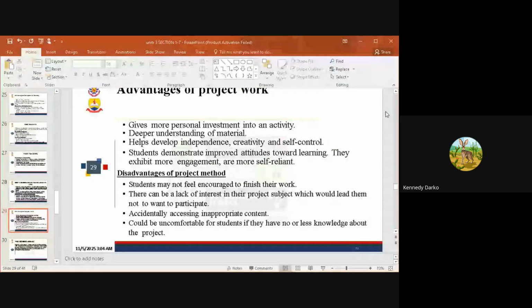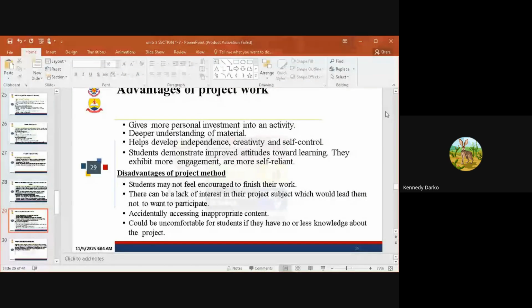Advantages of project-based learning: gives more personal investment into an activity, deeper understanding of material, helps develop independence, creativity, and self-control. The students demonstrate improved attitudes towards learning.